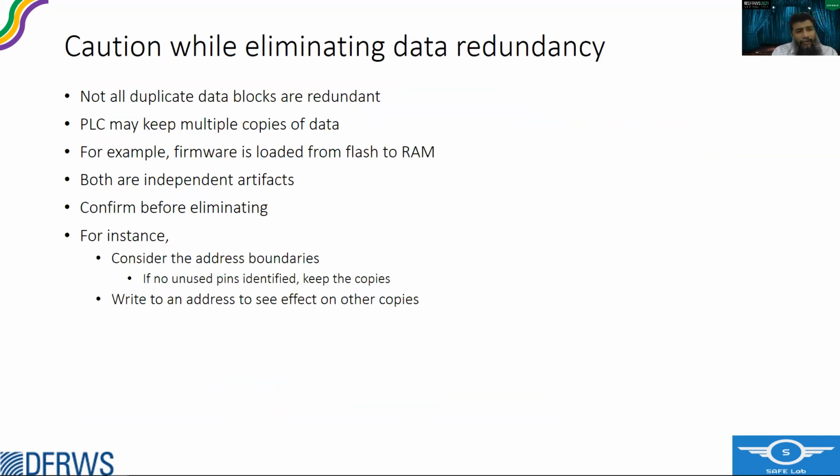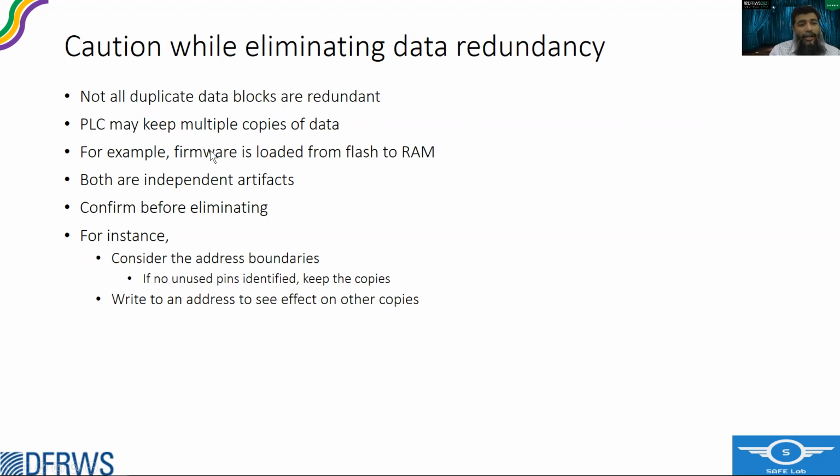One caution in eliminating the data redundancy: not all duplicate address blocks are redundant. This is an important thing. For example, if the firmware is loaded in the non-volatile memory and the volatile memory, the RAM, as well, these two are considered as two different artifacts from a forensic perspective.